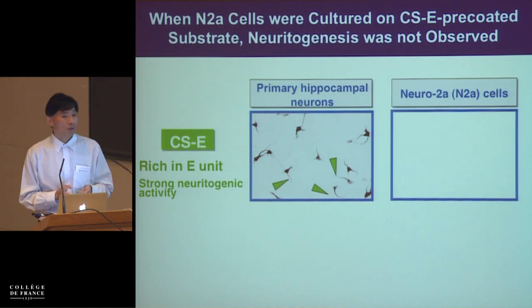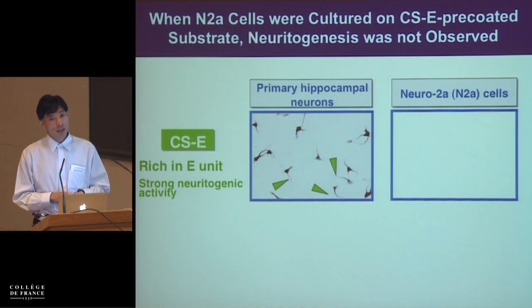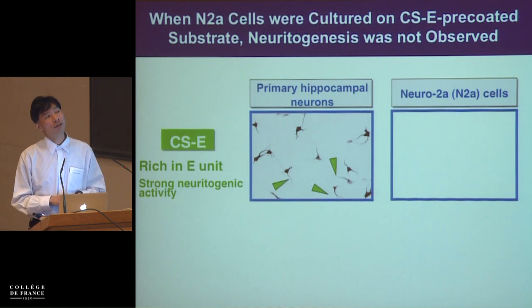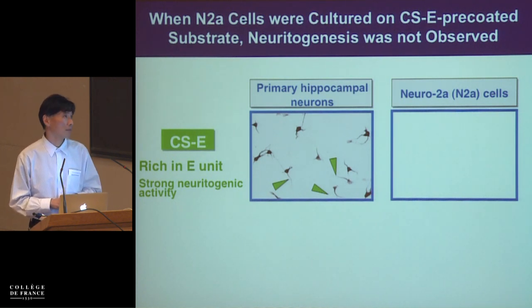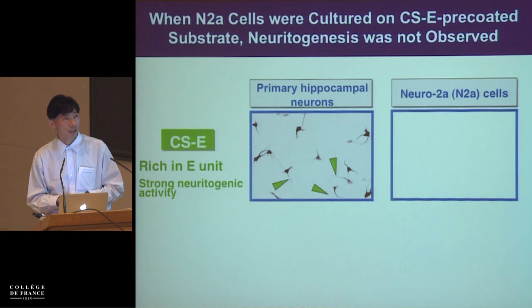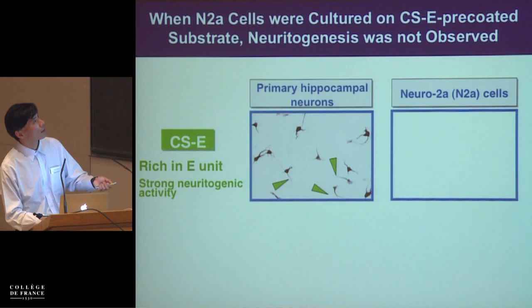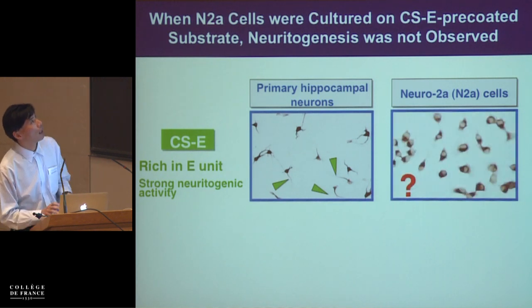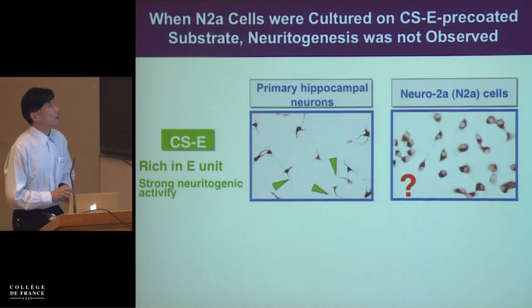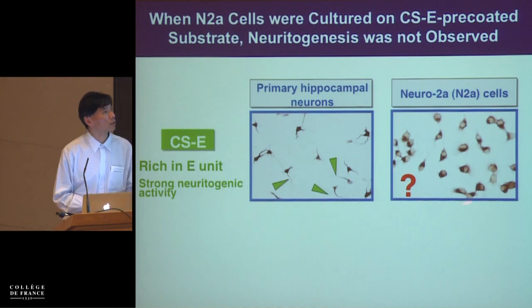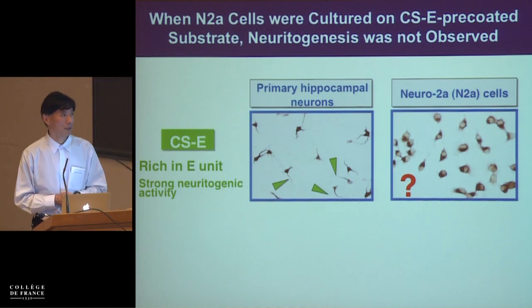The possible contributions of neurogenic humoral factors derived from non-neuronal cells are largely excluded from this neuronal differentiation system. So surprisingly, when Neuro2A cells were cultured on chondroitin sulfate E pre-coated substrate, neurogenesis was not observed.